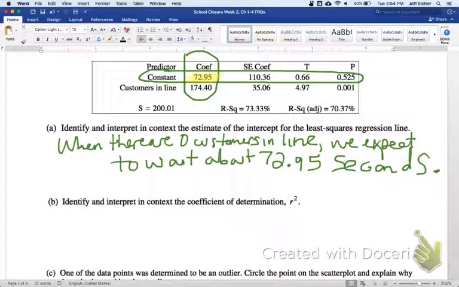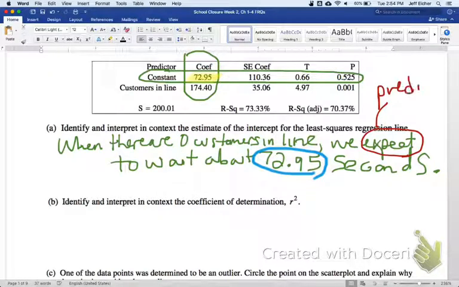So what are really important features of your answer? First, you have to identify the Y-intercept, so 72.95. That's one of the 3 things you have to do. Next, it has to be something about that it's this expectation, or it's a prediction, we predict, or maybe the predicted seconds that we have to wait.